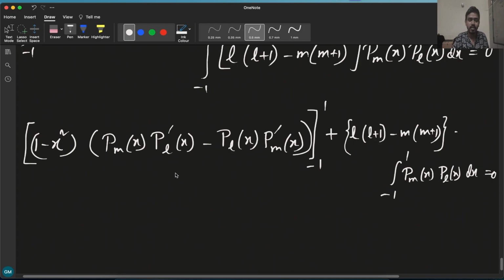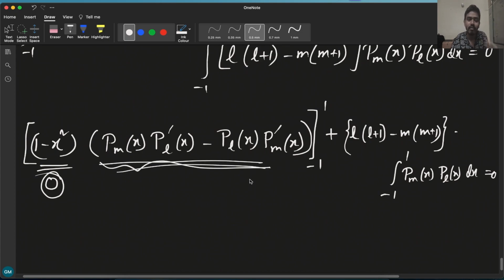In that case, multiplication with 0 will be 0, right? So if I put the upper limit, because of this term present here, it will give me 0, and multiplied with whatever finite value we get here, the net value will be 0. If I put the lower limit, that is -1, then also because of this term it will be 0, right? Because whatever finite value we are getting here, if we multiply it with 0, we will get 0.